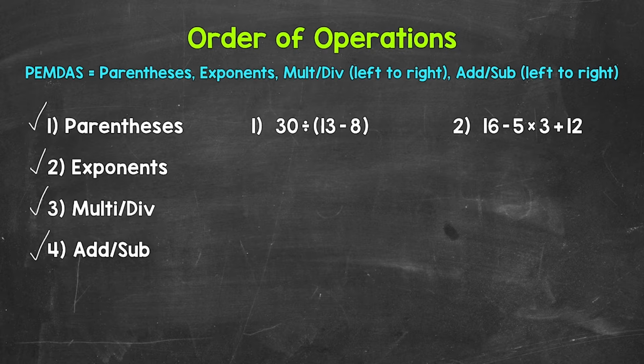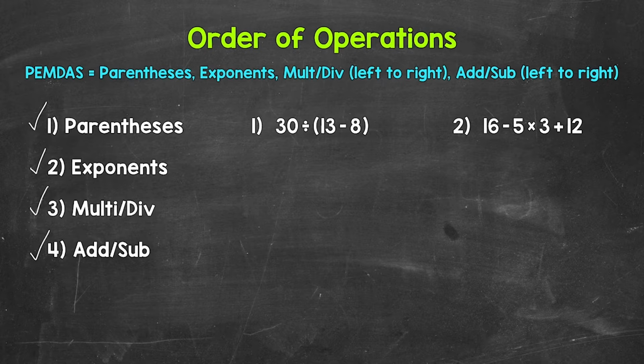And then addition and subtraction. Now, addition and subtraction are on the same level. They are the same priority. So if we have both, we work from left to right. This will all make a lot more sense as we go through our examples. Just think of the order of operations like a set of instructions that we follow step by step.